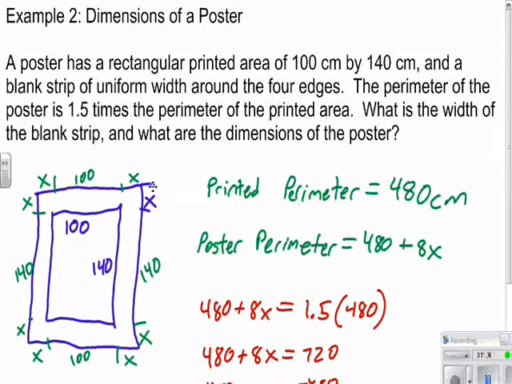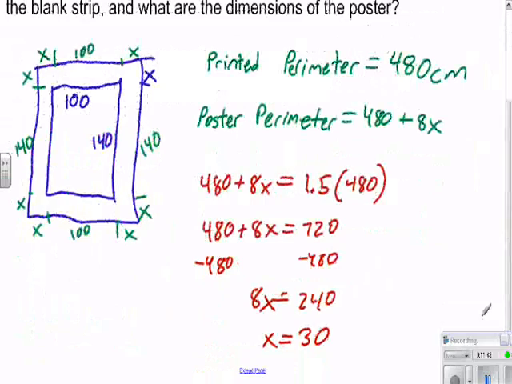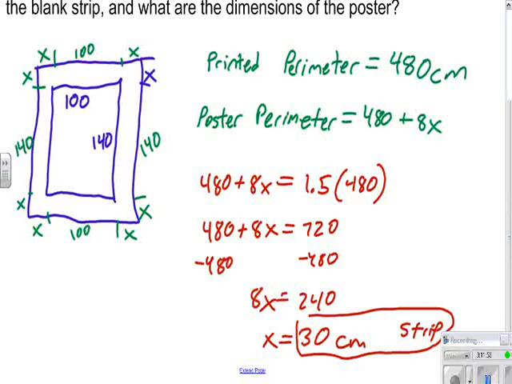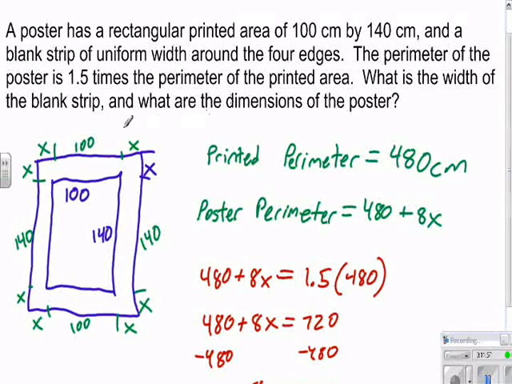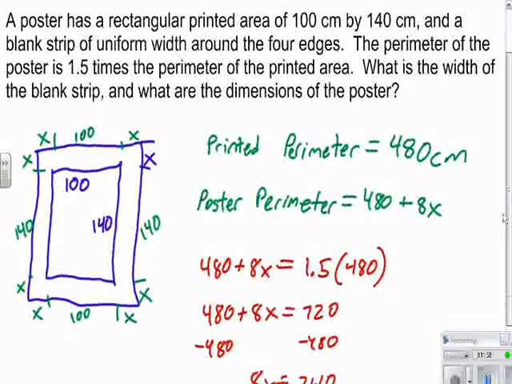So let's go back up to our problem. Remember, x is the width of the blank strip, and our measurement was in centimeters. So x is 30 centimeters, and that's the strip. And what are the dimensions of the poster?